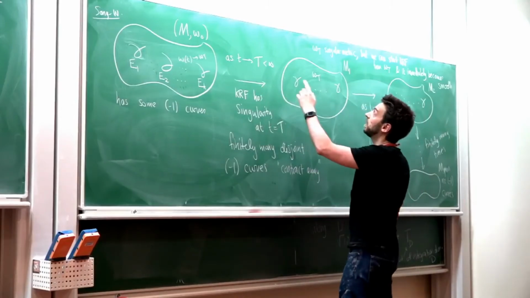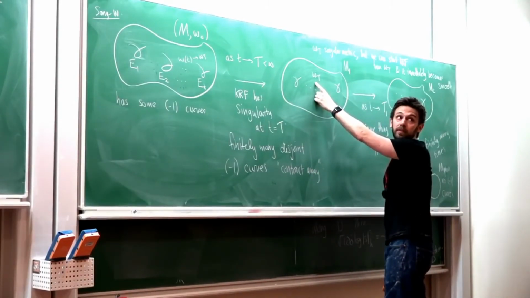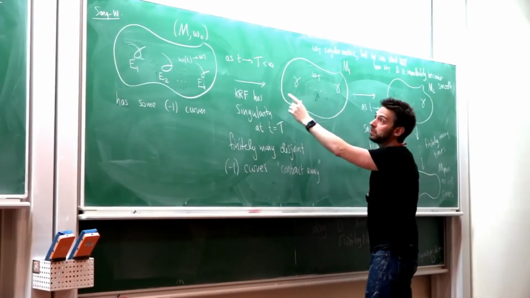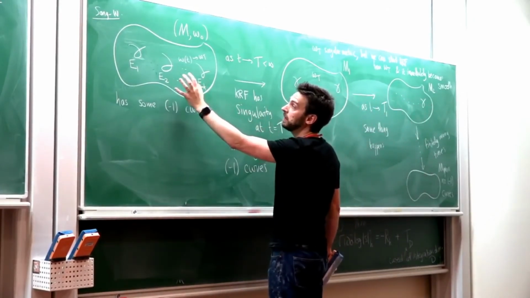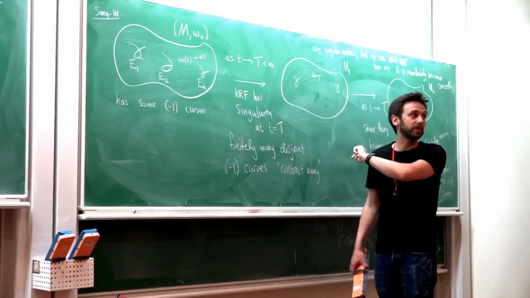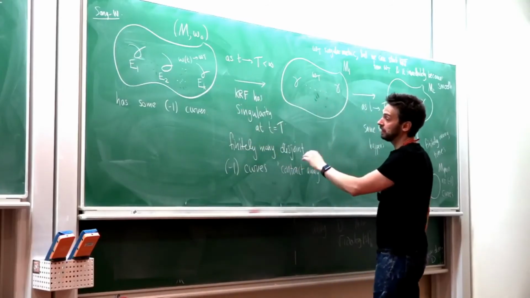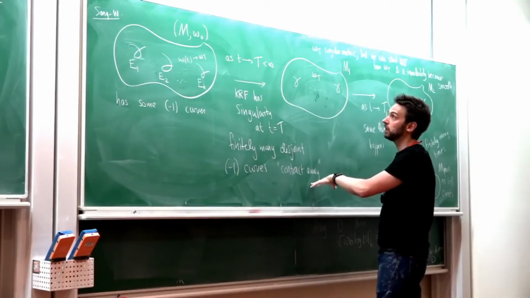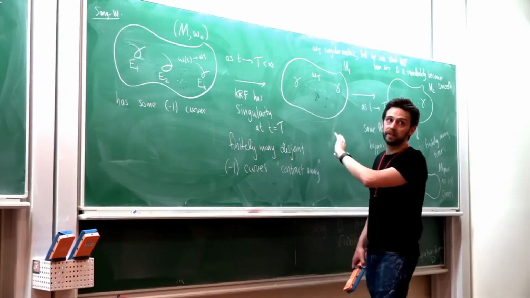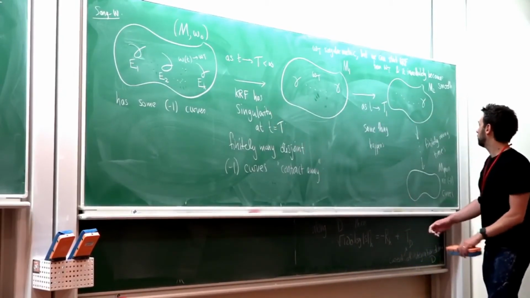But then you can identify it with a metric on this space here, where you blow them down. And then what we can show is that these metric spaces actually converge to this metric space in the sense of Gromov-Hausdorff. So what we get is smooth convergence outside these finitely many disjoint minus 1 curves, and we get global convergence in the sense of metric spaces. So that's what we prove.